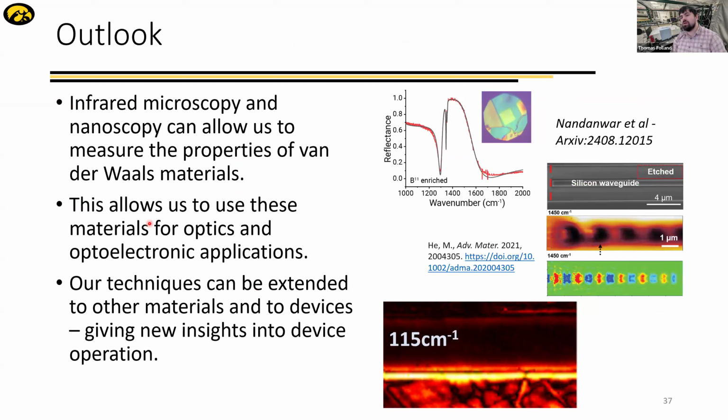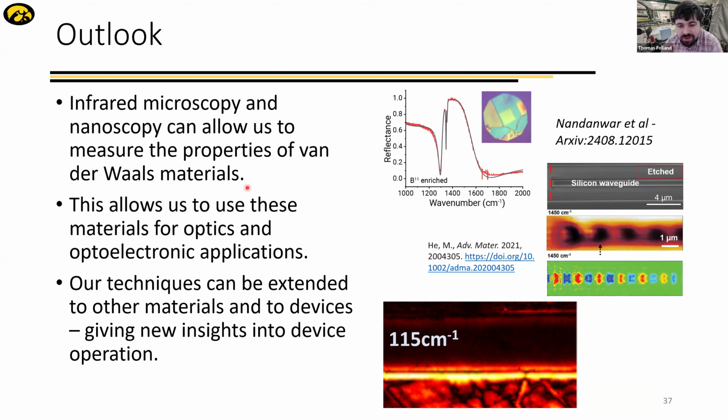Okay, so as a finishing outlook, if you're not familiar with optical and infrared spectroscopies before, hopefully you've learned something about optical spectroscopy and what it tells us, and a little bit about what we do in terms of measuring materials.